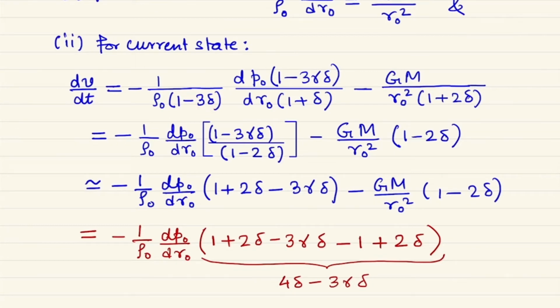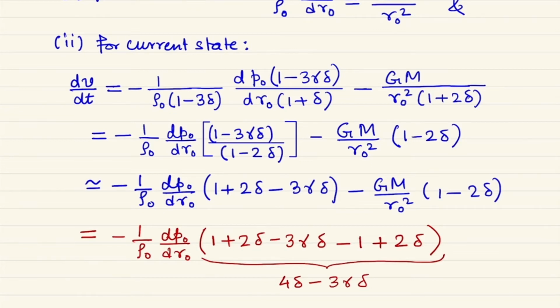Now (1 minus 3 delta) times (1 plus delta) gives you 1 minus 2 delta minus 3 delta square. Again 3 delta square will be neglected, and we will have simply 1 minus 2 delta in the denominator. 1 minus 2 delta in the denominator will become 1 plus 2 delta in the numerator, since delta is of first order once again.